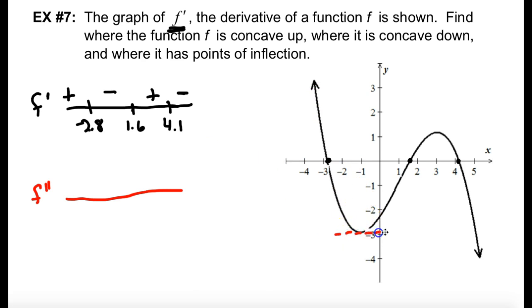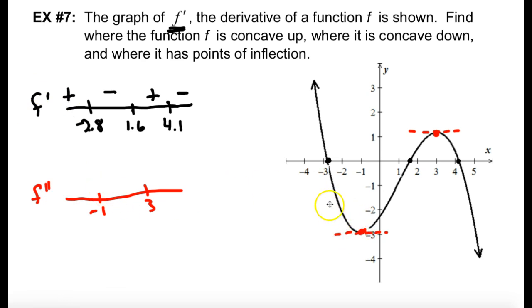Well, that occurs right here and right here. Right? That looks like that occurs at negative 1 and at 3. Okay, so this is all based on the idea that the second derivative is the slope of the first derivative.